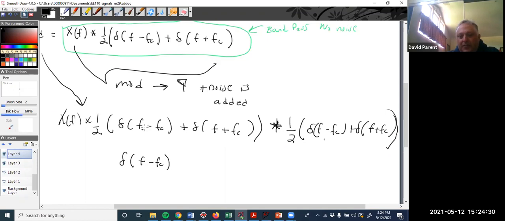I convolve this with that, and these fcs cancel out. Then I convolve this with that, and again the frequencies cancel out. Then I multiply this plus that, and I get delta of f plus fc.